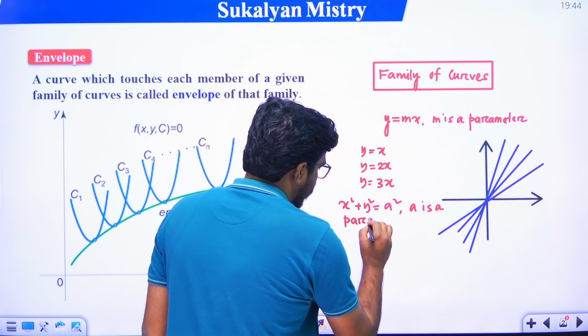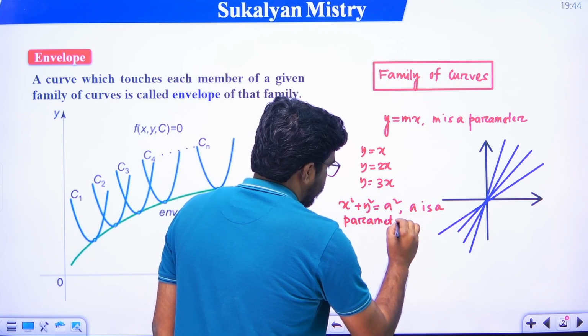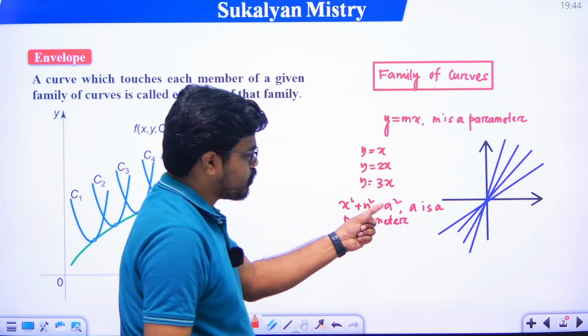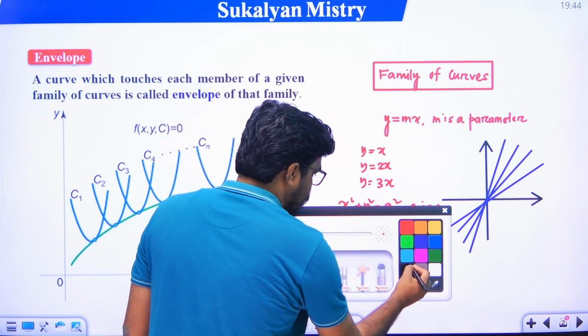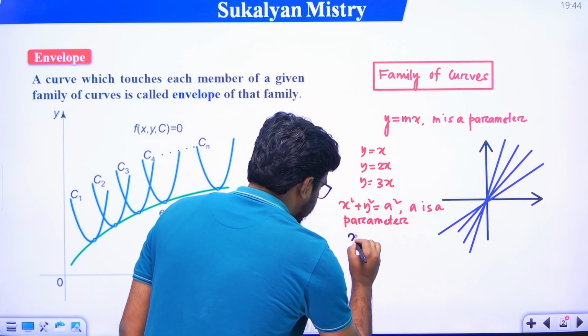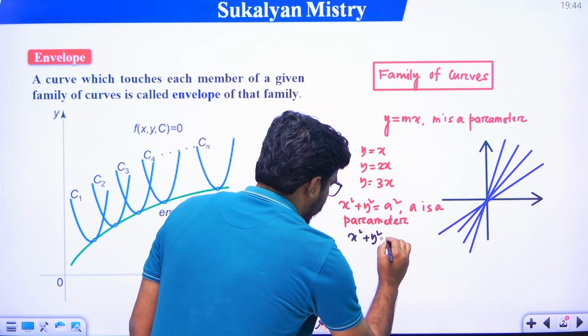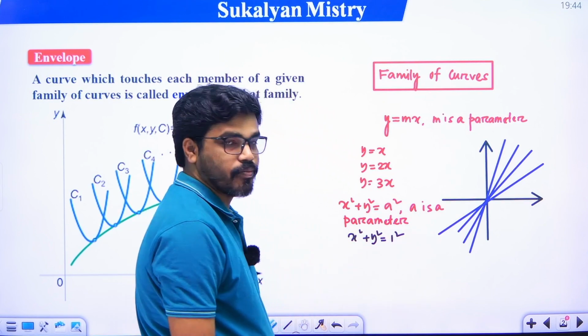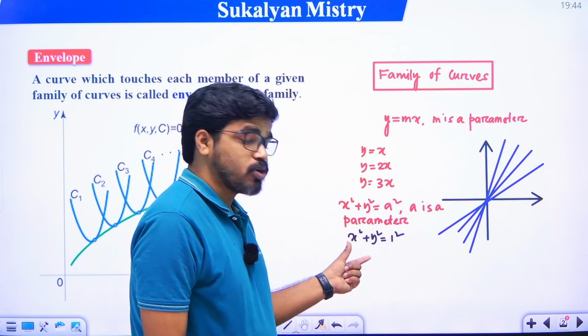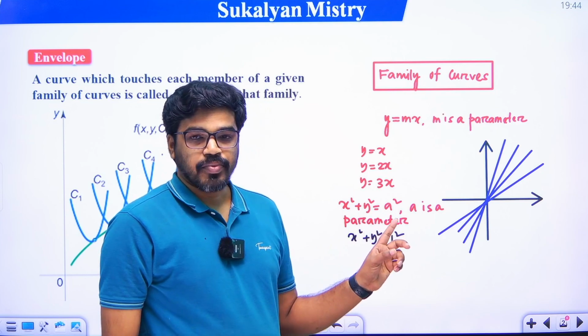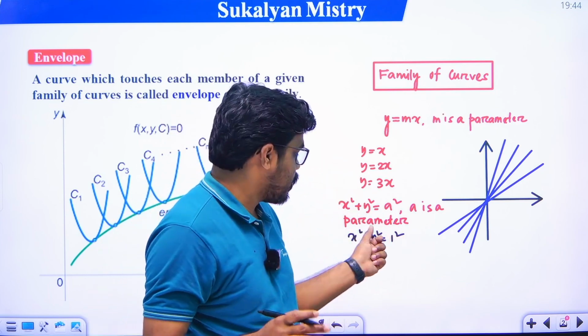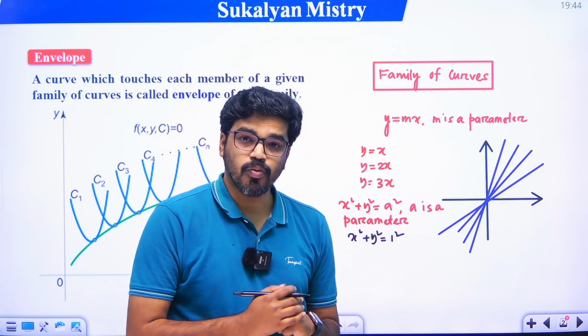Okay, so if we put a is equal to 1, so what do we get? That is x square plus y square is equal to 1 square. So this is the equation of circle with center at the origin and radius is 1.